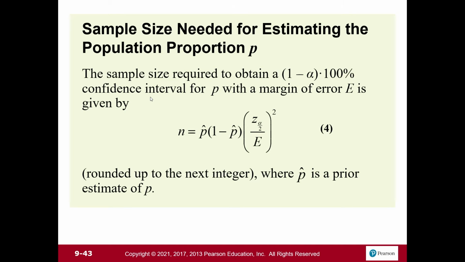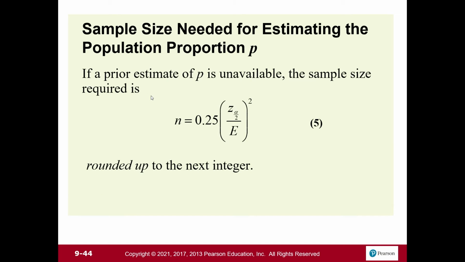So this is the sample size needed for estimating the population proportion. This is when p hat is unavailable. We would simply use 0.25.